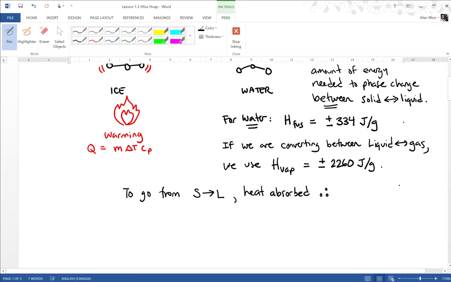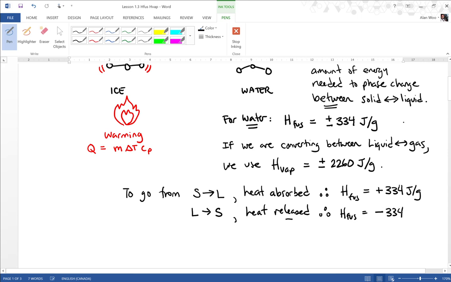Therefore, your H of fusion is positive 334 joules per gram. But if you're going from liquid to solid instead, if you're freezing, then heat is released. And if heat is released, your H of fusion is a negative 334 joules per gram.